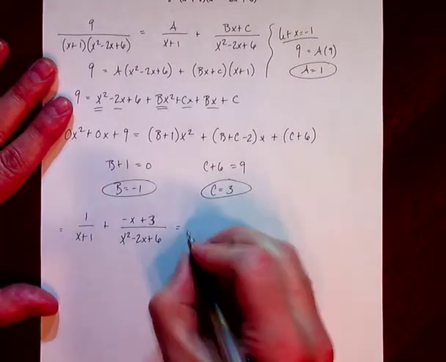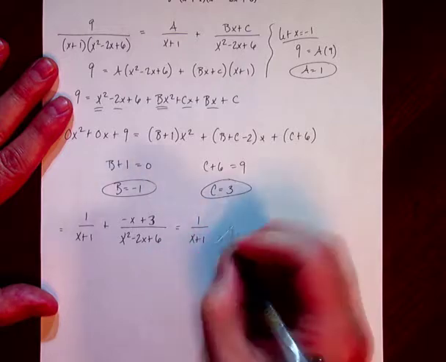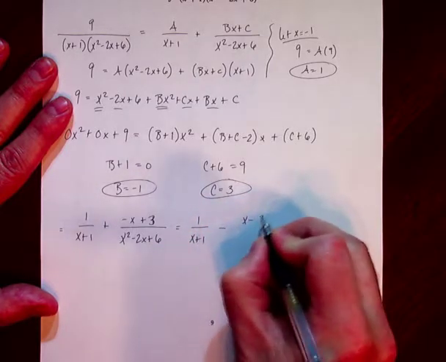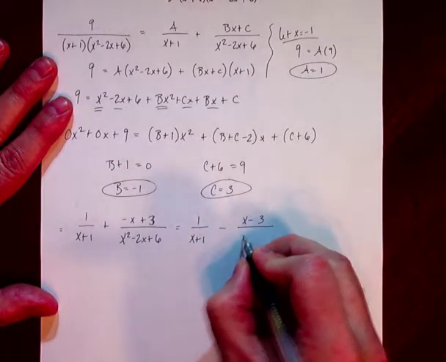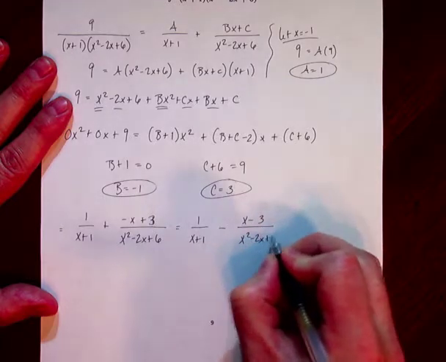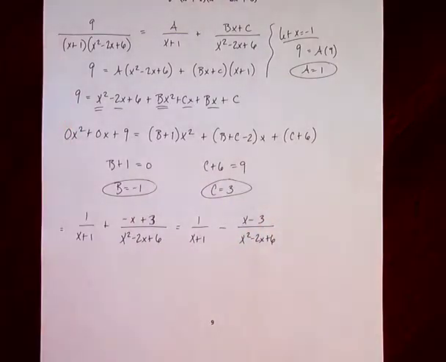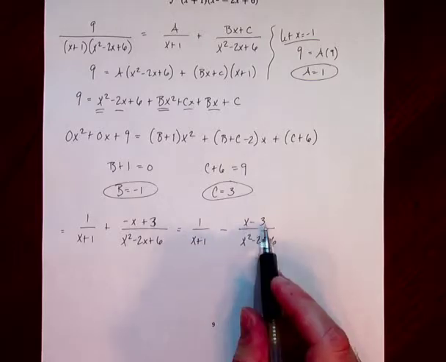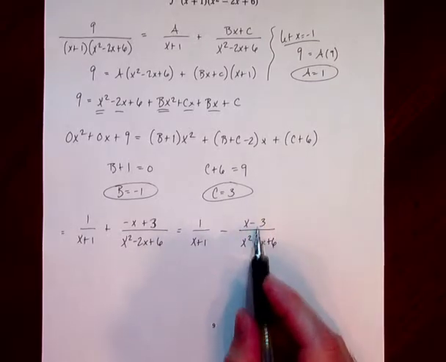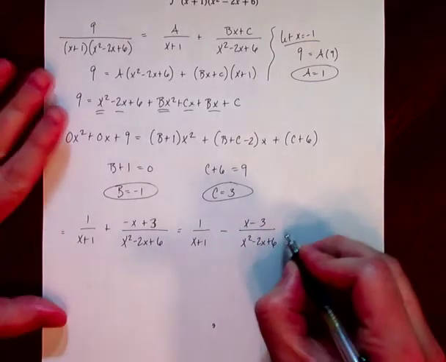Alrighty, well, let's go ahead and rewrite that as -x minus 3 over x squared minus 2x plus 6, like factoring out a -1. And once I've done that, I need to do exactly what I did in the last one. I don't need an x minus 3 up here. I need an x minus 1 that I can then multiply by 2.